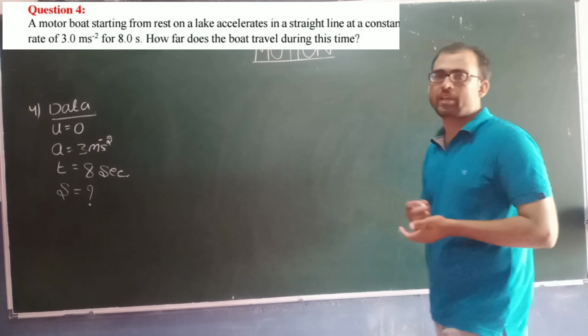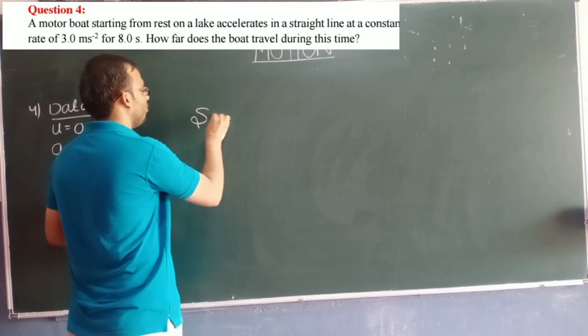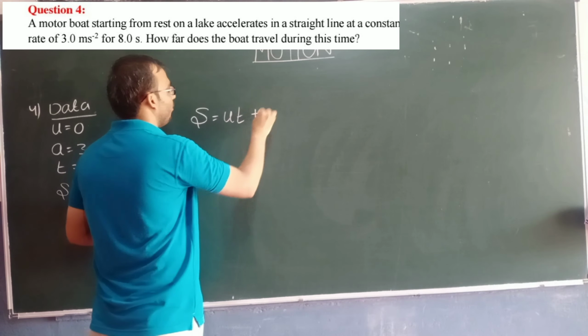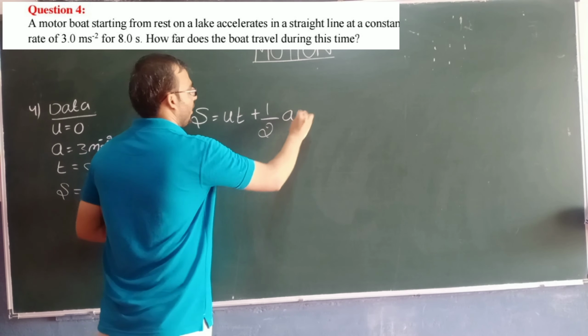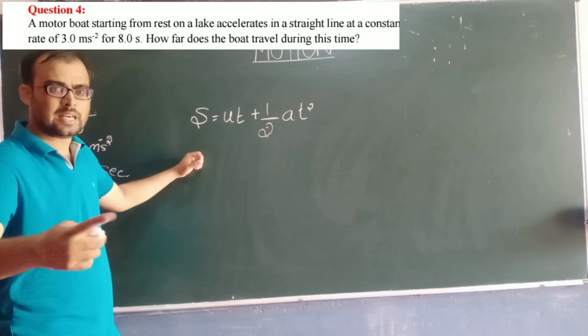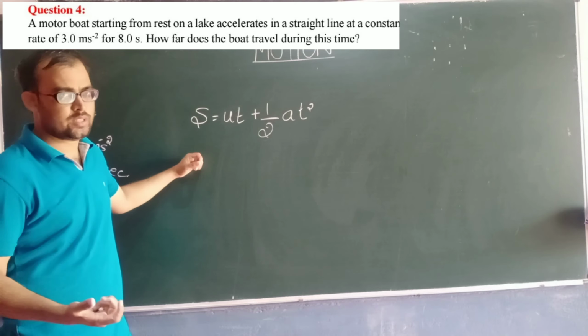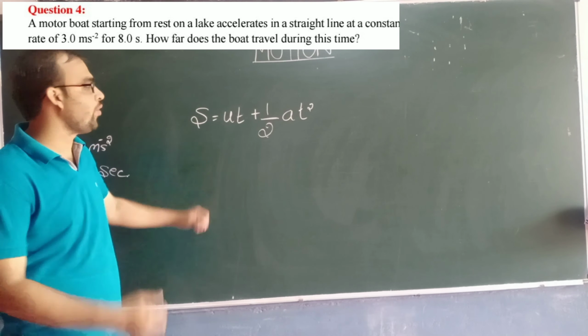So look here: s is equals to ut plus half at square. We can use this formula. Why? Because in the other formulas v is there, but here they have not given v.